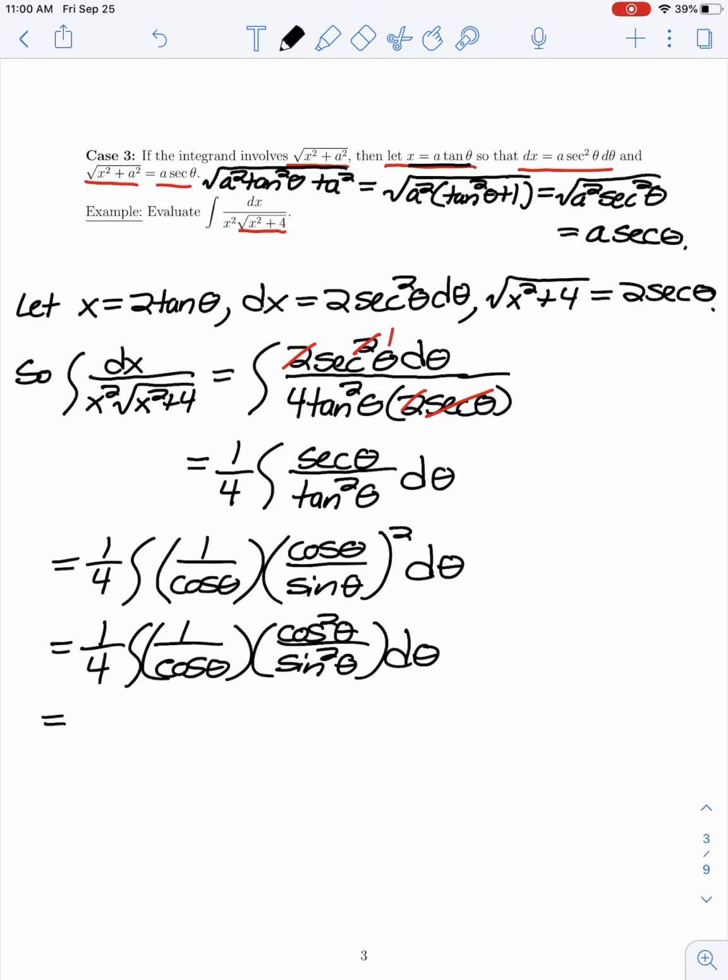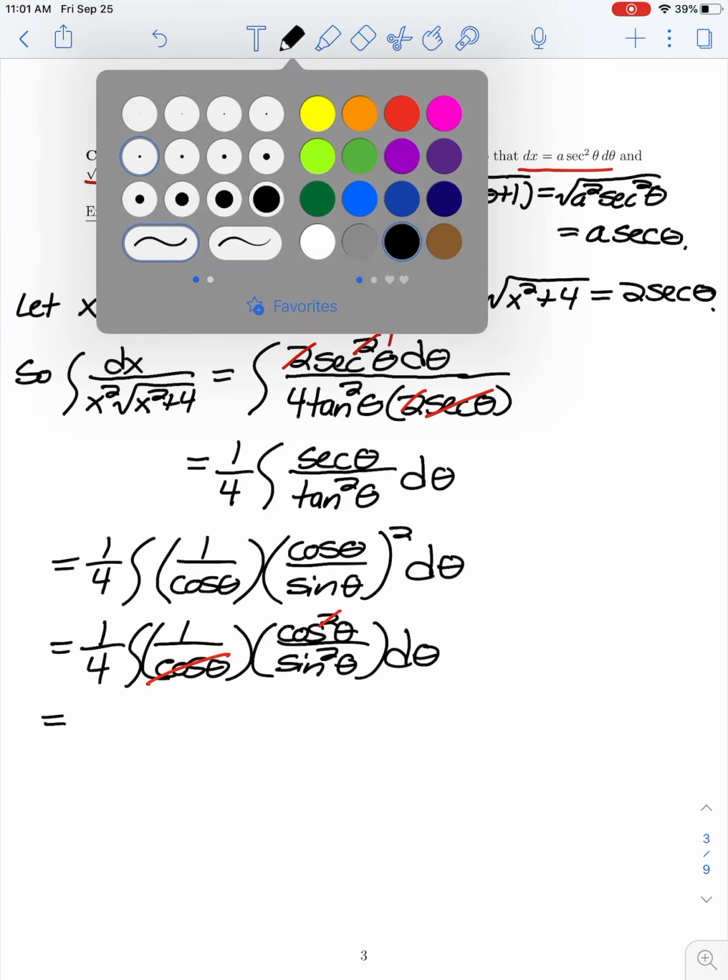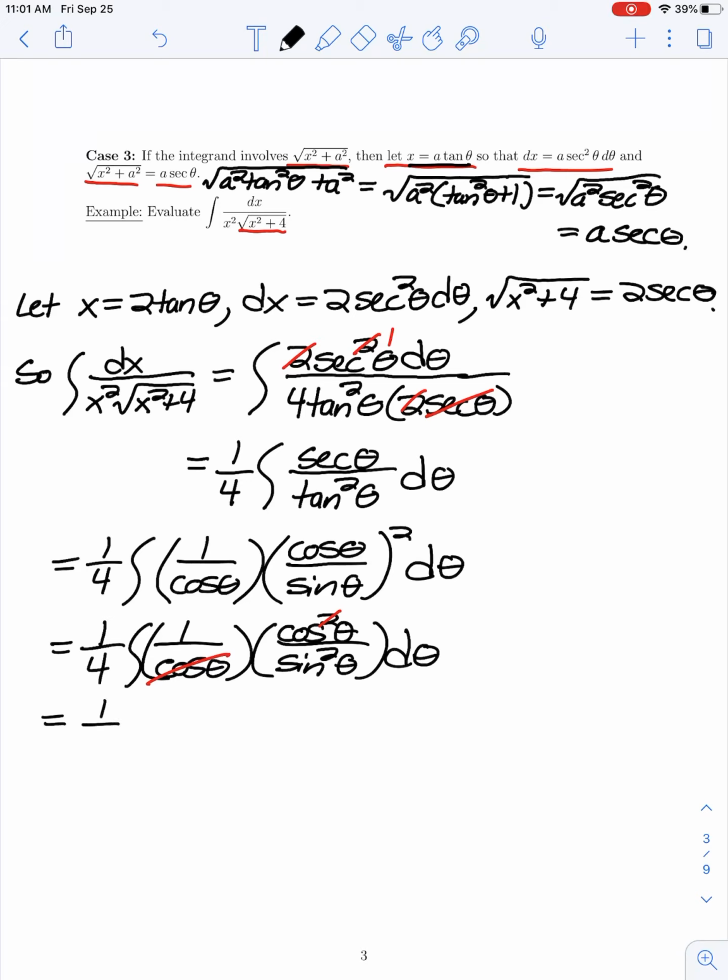This allows us to cancel 1 factor of cosine theta from the numerator and denominator, and we are left with 1/4 the integral of cosine of theta over sine squared theta d theta.